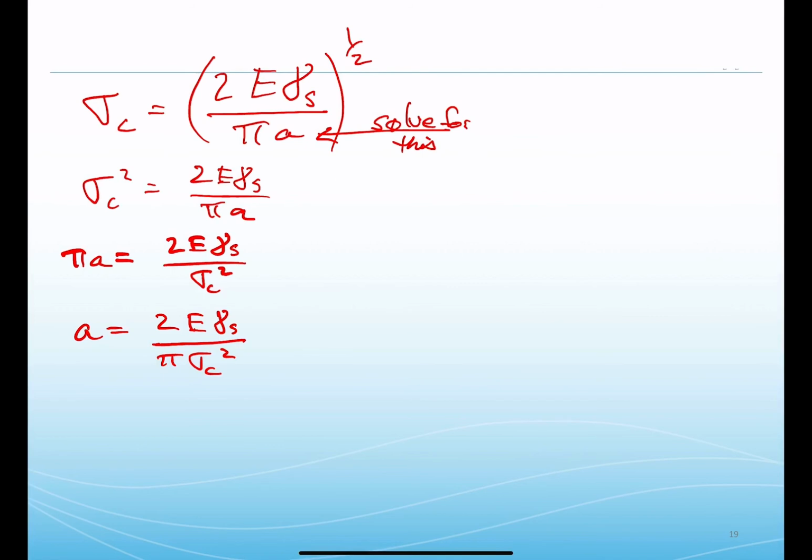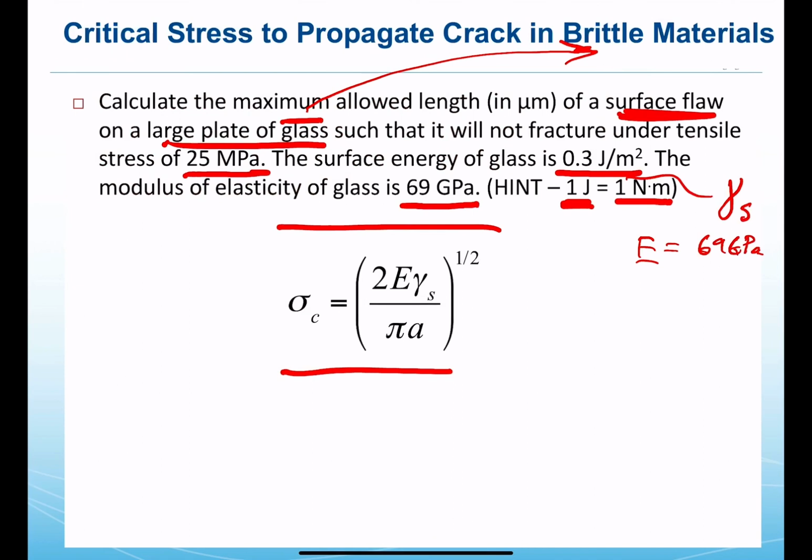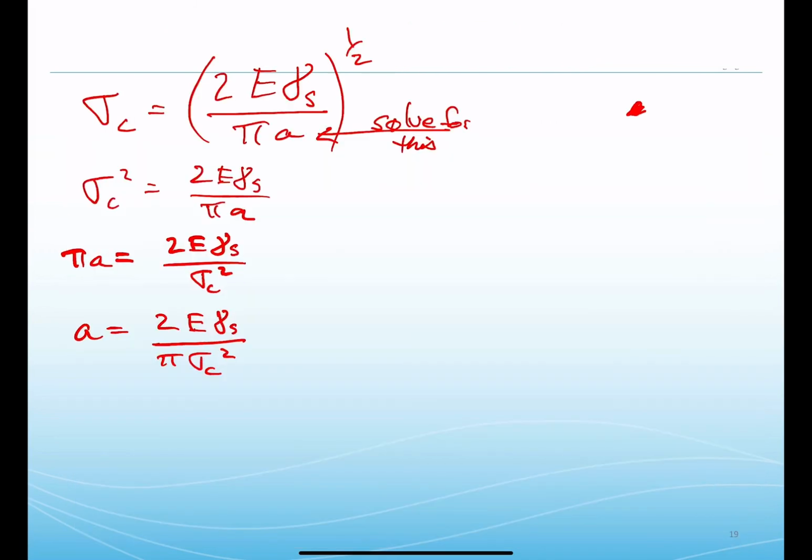Okay, so we were told earlier that the value for E was 69 gigapascals. Okay, so E is equal to 69 gigapascals.